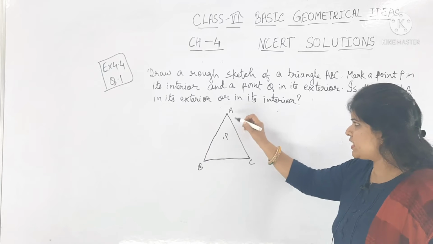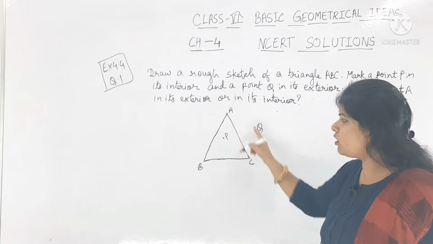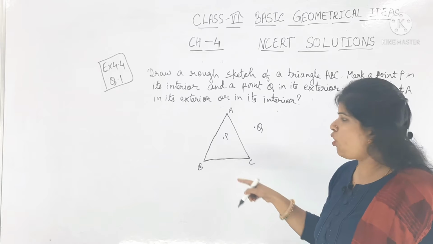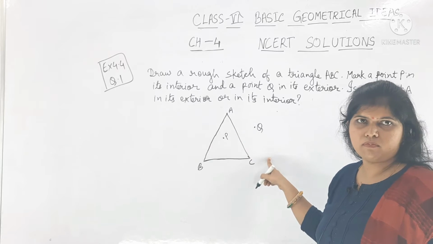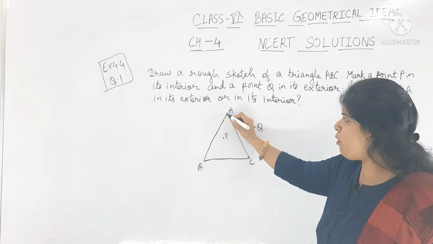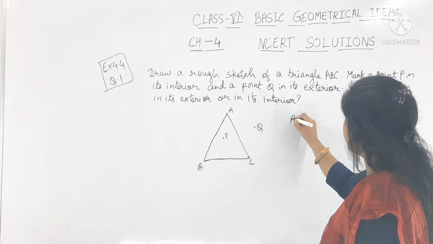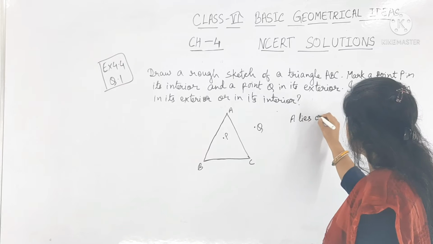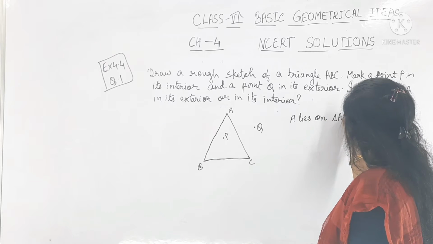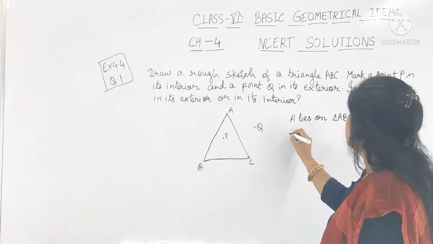Here you can see that A is lying on the triangle ABC, not in the interior or exterior. So you have to write like this: A lies on triangle ABC, right?